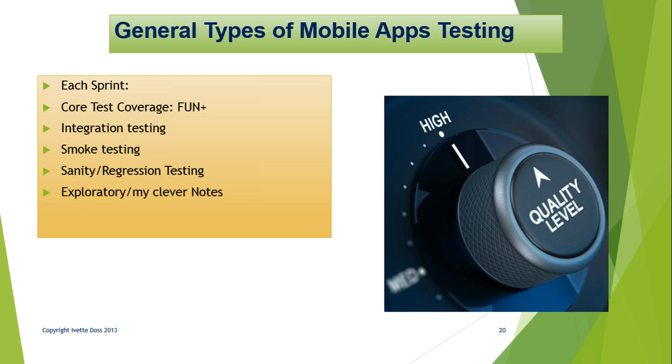Then in integration, because you already ran functionality and understand how the application works in general, from these 3,000 you will extract maybe 500 test cases. You will not create new ones. You just take the most meaningful test cases from core test coverage. Is it clear? Yes? The next point will be smoke testing.